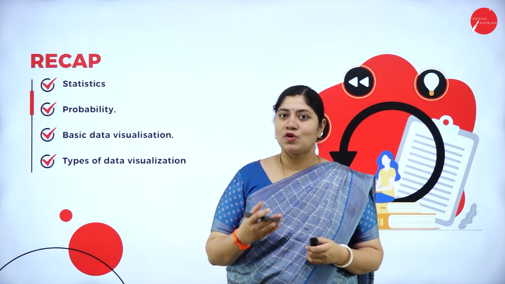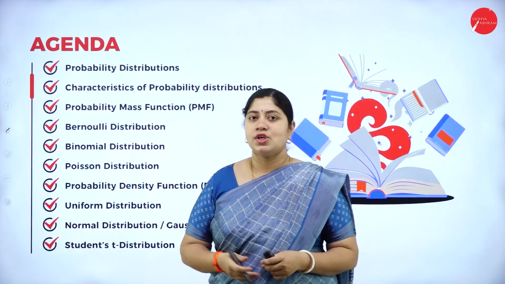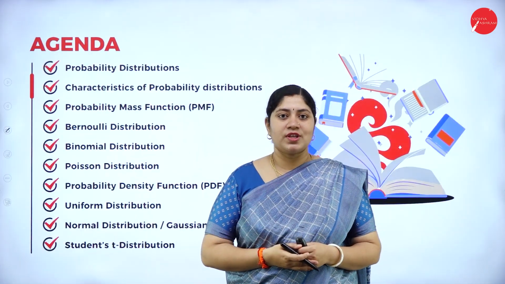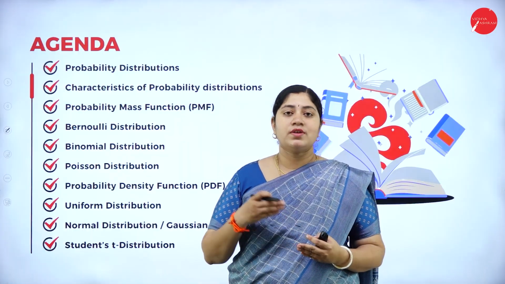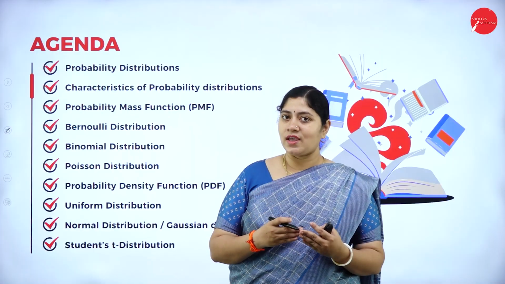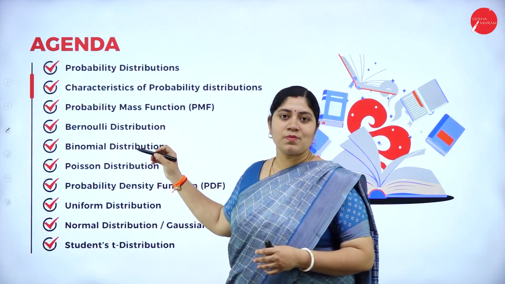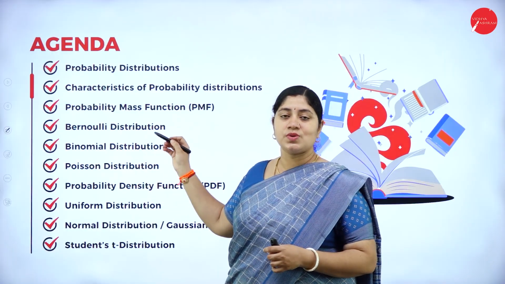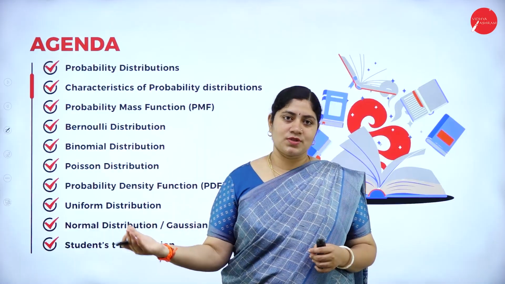Now let's see the agenda of today's session. We'll be discussing what is probability density function and what are the different probability distributions. Under that we have multiple subtypes like Bernoulli, binomial distribution and Poisson's distribution. These are the distributions under the discrete probability distribution.